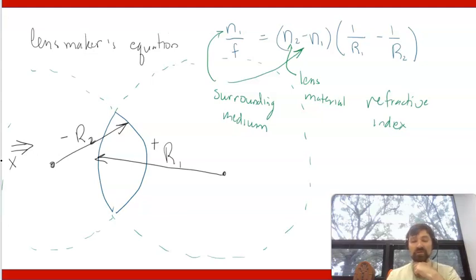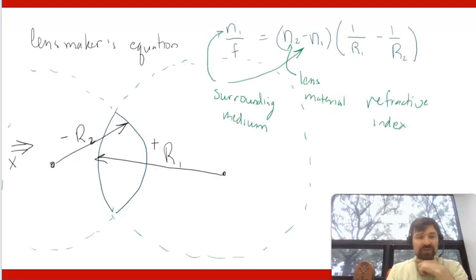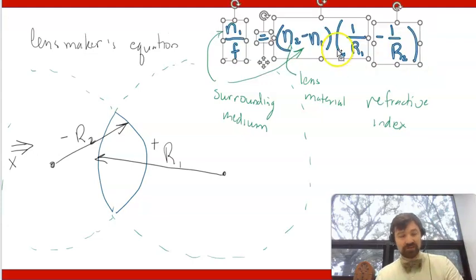n1 and n2 are your refractive indices. So, a conceptual example of this lens maker's equation. Let's just copy it over to the next slide here.